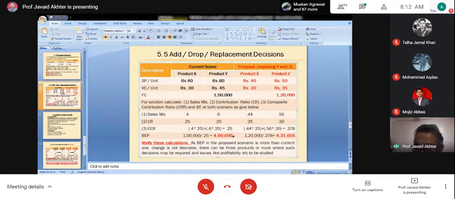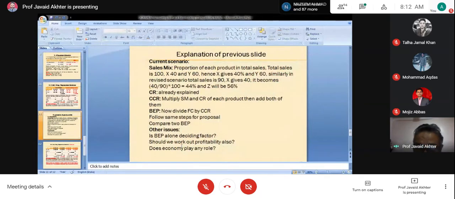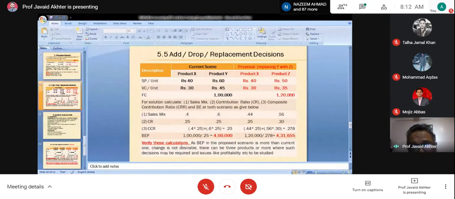What I will do now, when I ask you to verify these calculations, I will send you the steps. See, solving it here itself is a matter of 1 or 2 minutes, but it should not be at this stage that much spoon feeding.